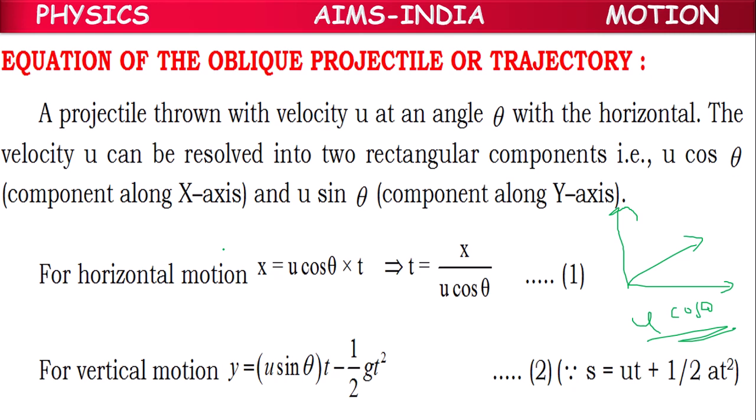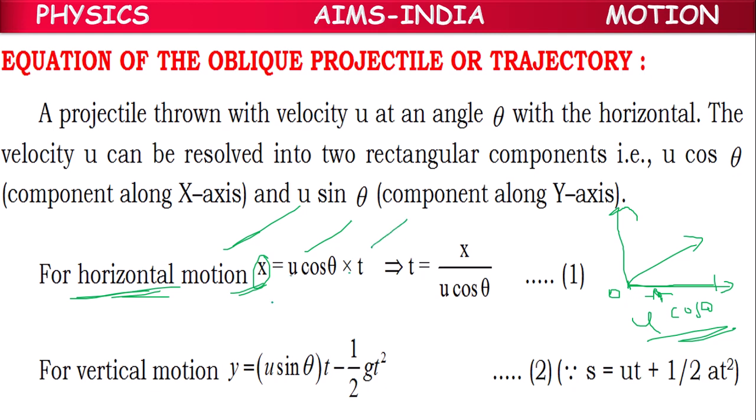Suppose x is the horizontal distance traveled, so it has traveled a distance of x units from the point of projection O. How do we calculate the distance?